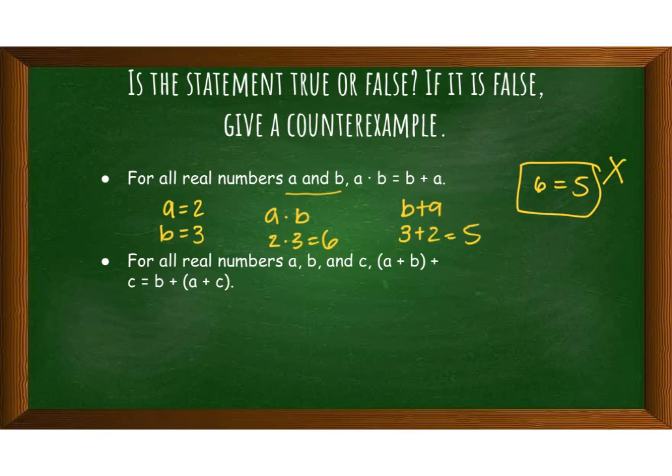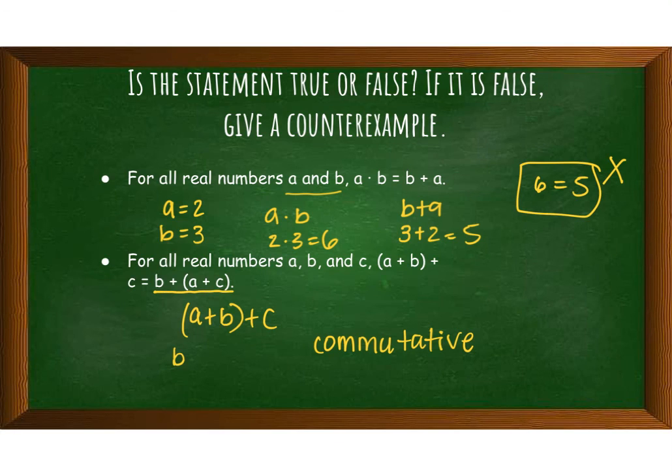Next one, for all real numbers a, b, and c, a plus b plus c equals b plus a plus c. Let's start with a plus b plus c. How can we make this look like b plus a plus c? Well, first we can use the commutative property to reorder things around. So in our second portion, it says that B comes first.